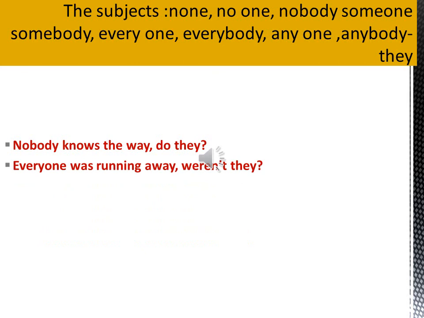That's why in question tag only we use a plural verb with these subjects. For example, nobody knows the way, do they? Everyone was running away, weren't they? Someone has stolen my pen, haven't they?